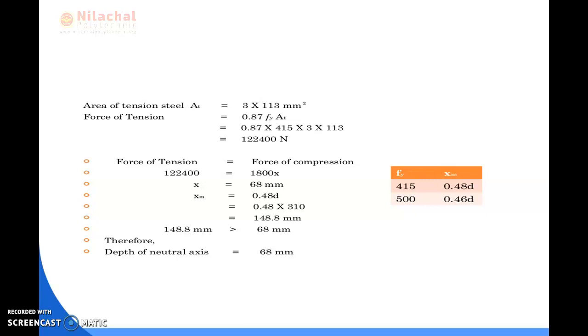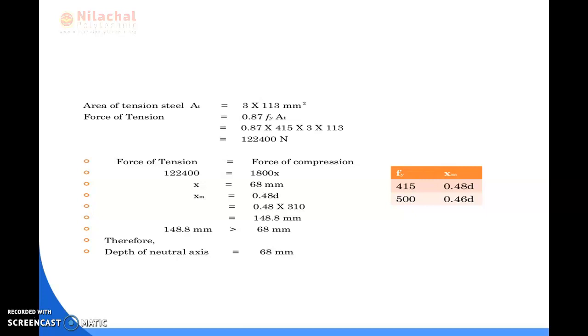Then we compare the force of tension and the force of compression to get the value of x. In the force of tension there is no unknown, and in the force of compression there is one unknown, which is x. By comparing these two forces, tension force and compression force, we get the value of x, which is the depth of neutral axis.